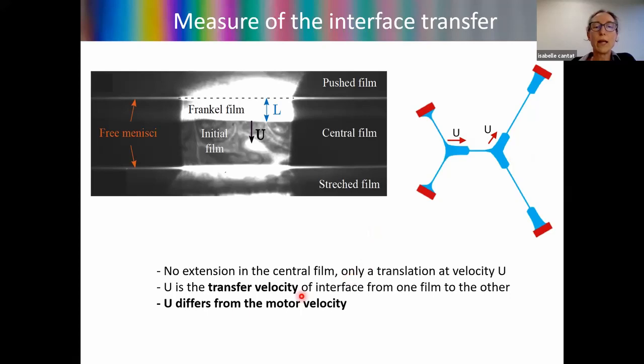I will call it the transfer velocity. And remember that this velocity is a dynamical quantity and has nothing to do with the motor velocity, which is the imposed, external velocity. U is my internal velocity, selected by the system and governing the transfer of interface from one film to the other.